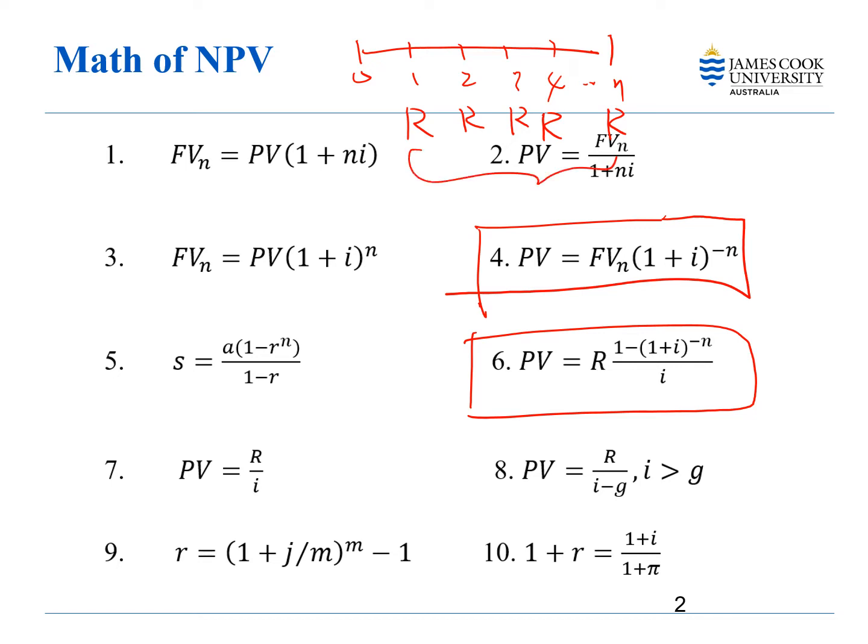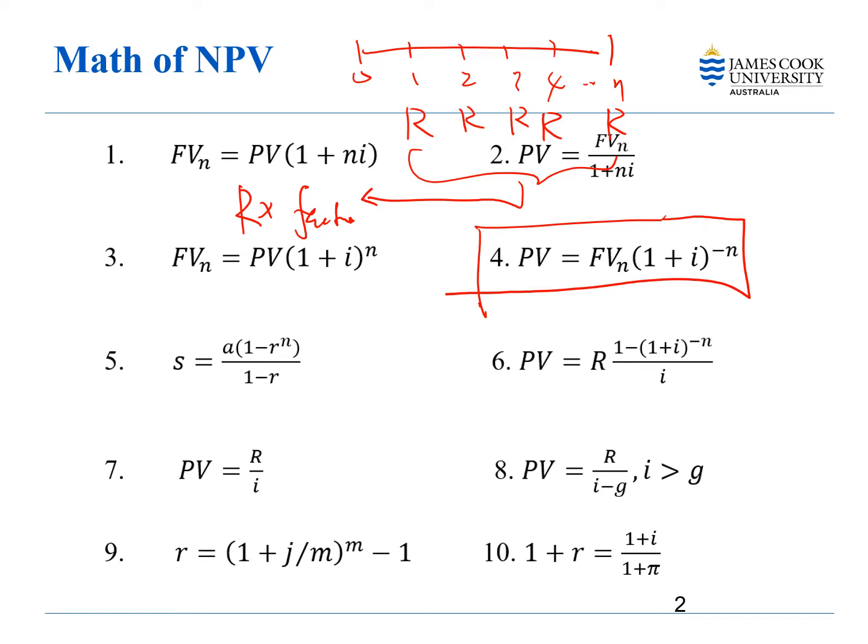The present value of this annuity is just the $R times a factor. And this, we actually have a name for this. This is called the annuity factor.